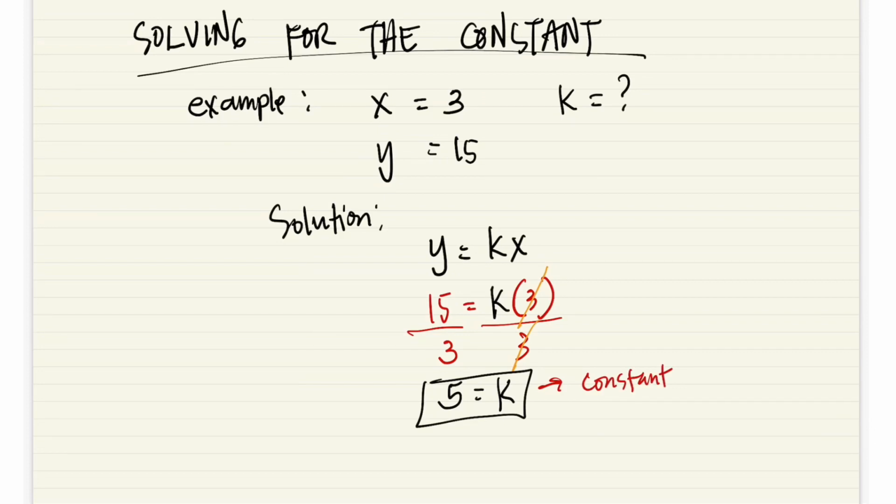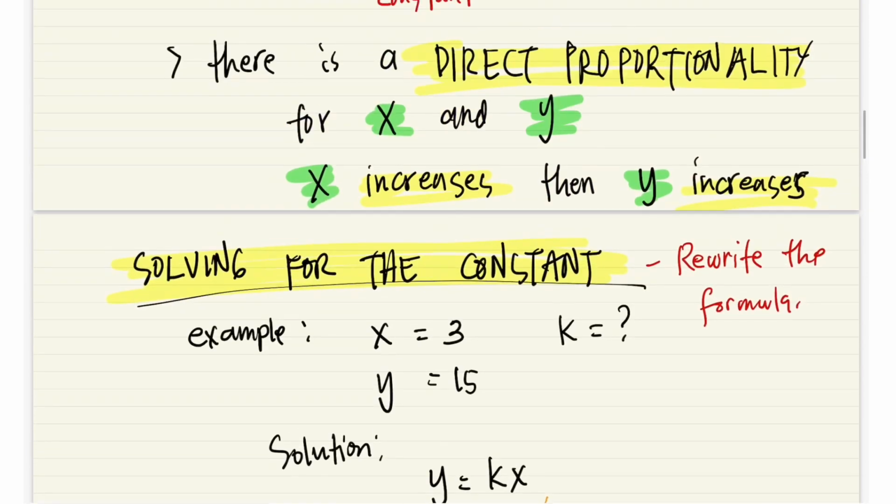So when you're trying to solve for the constant, you just have to rewrite the formula. All right, so that is what we mean by direct proportion.